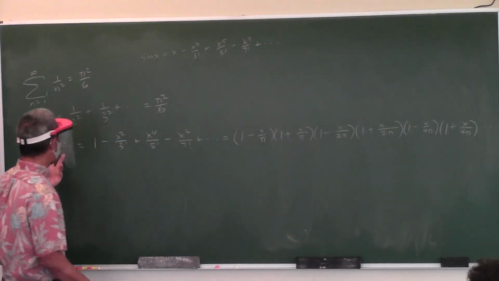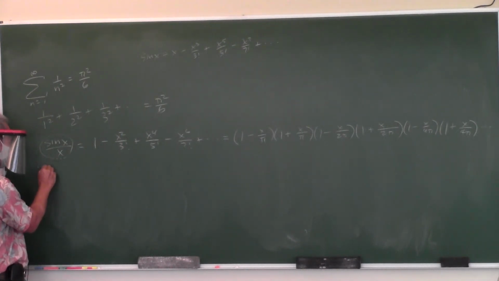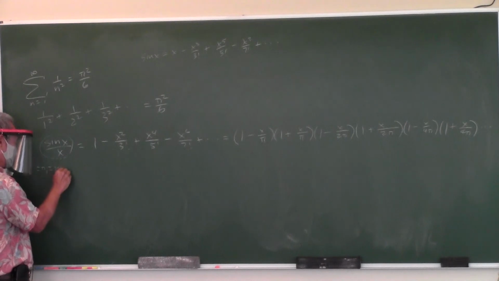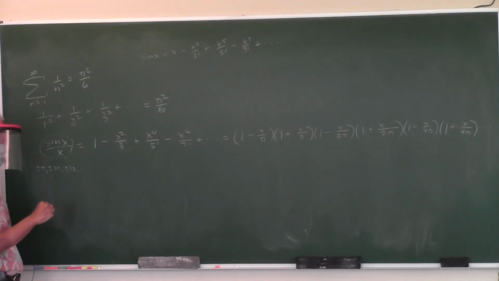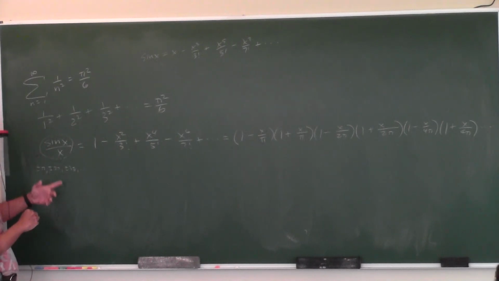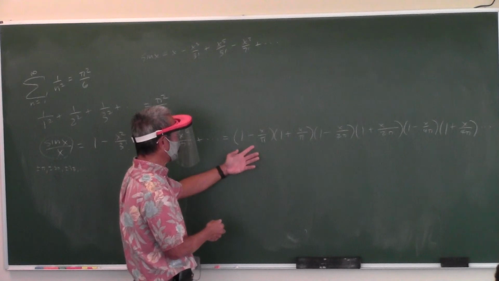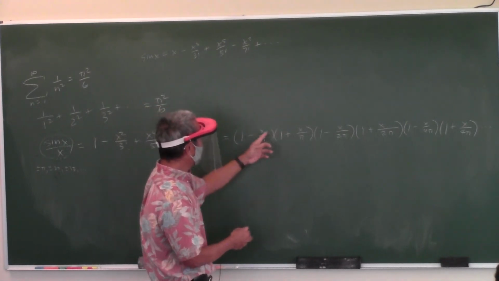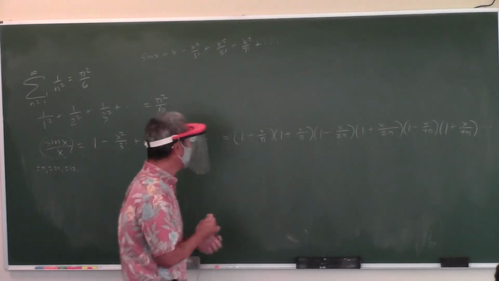Because the zeros of this function are plus or minus pi, plus or minus 2 pi, plus or minus 3 pi, and so forth, but not 0, because you can't divide by 0. So what are the zeros of this function? Plus or minus pi, plus or minus 2 pi, and so forth.